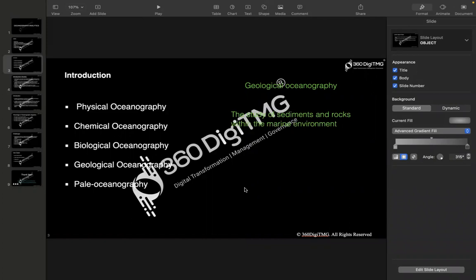So basically, geological oceanography is the study of Earth beneath the oceans, the sediment and the rock within the marine environment.